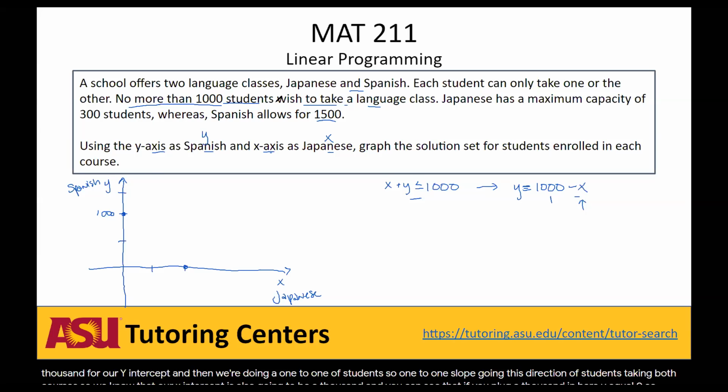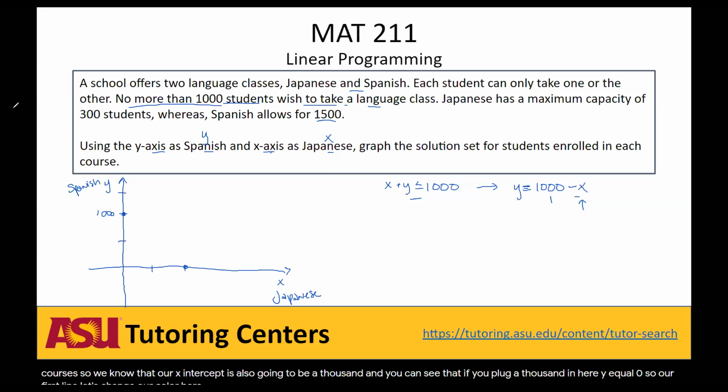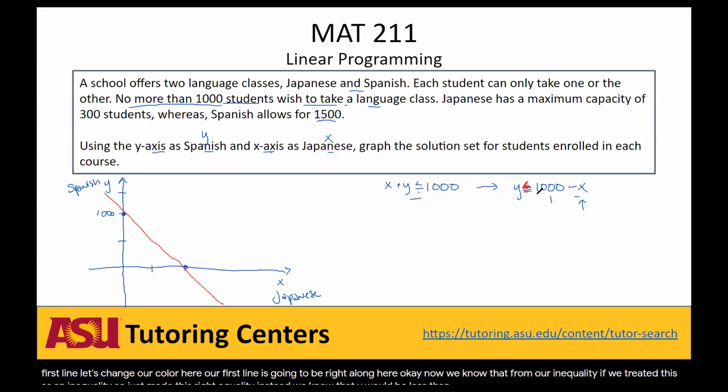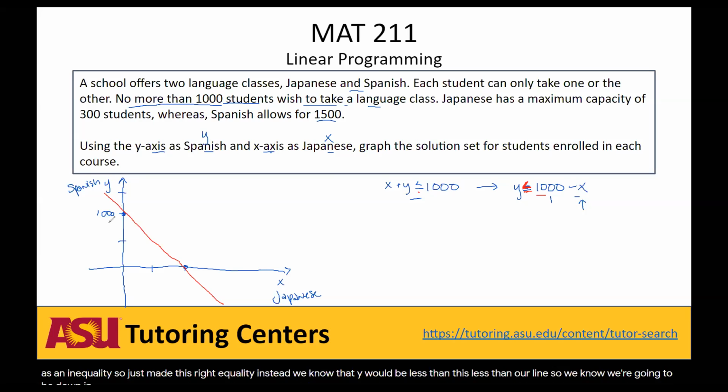So our first line, let's change our color here, is going to be right along here. Okay? Now we know that from our inequality, if we treated this as an inequality instead, y would be less than our line. So we know we're going to be down in this range down here.